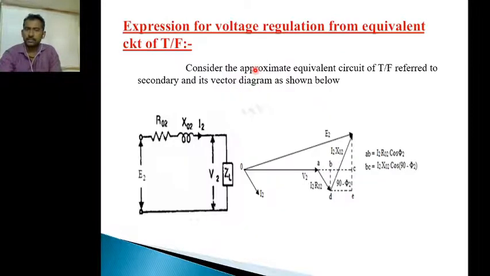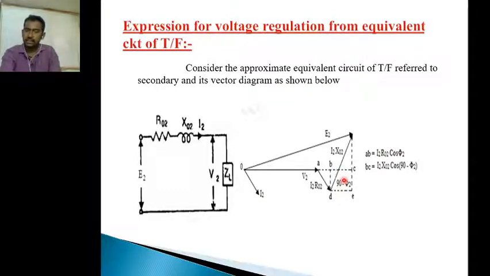And similarly, this length, BC. What is the BC length? So this one is the phi 2 angle. With this phi 2 angle, this vector and this vector are perpendicular to each other. Then the angle between this line and this line is 90 minus phi 2. Then what is the BC length?